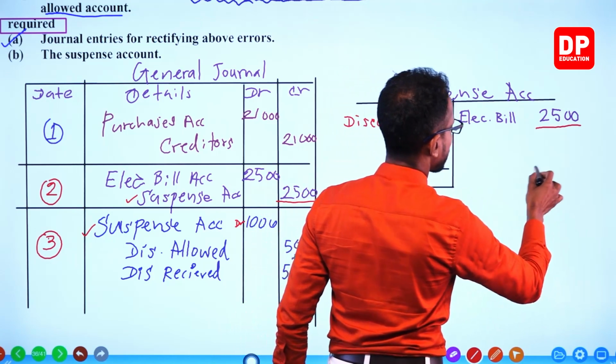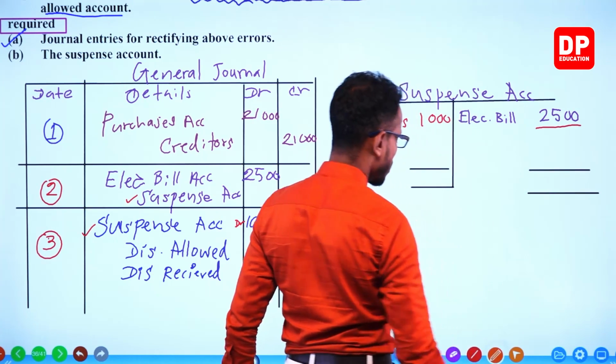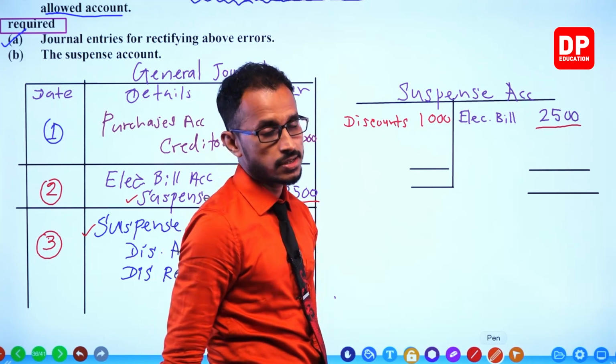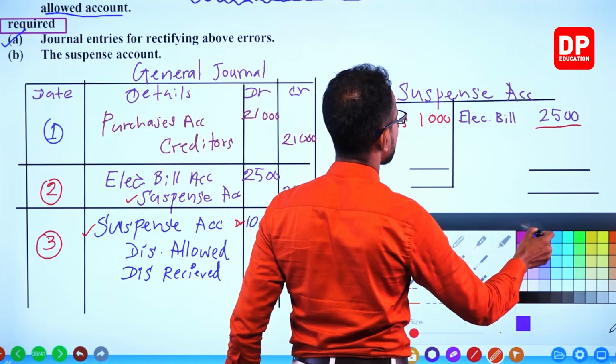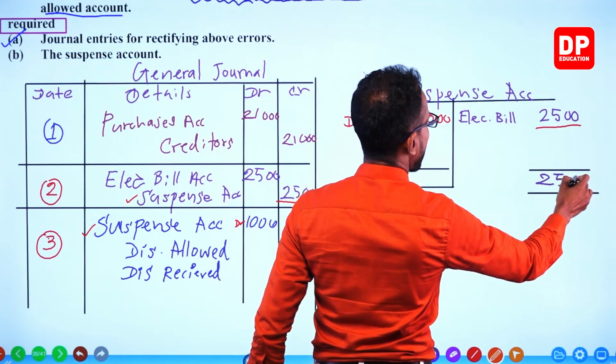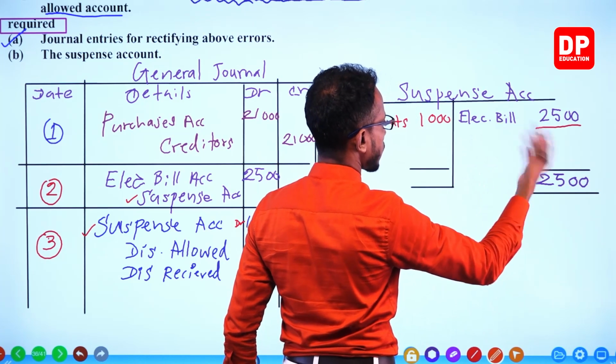Balance it, and you will get the original balance of the suspense account. The greater total is on the credit side.